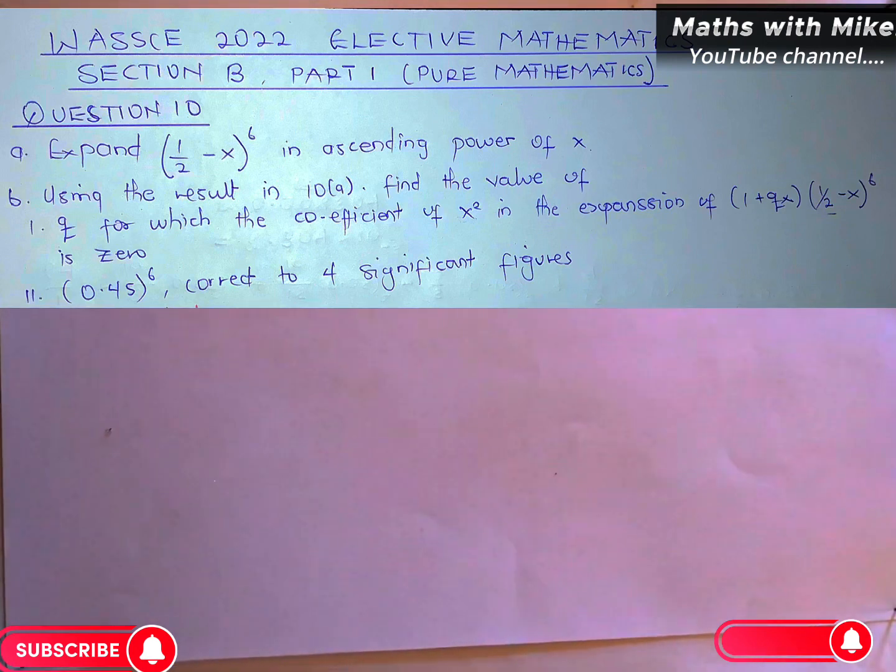Now the B. Using the result in 10a, find the value of q for which the coefficient of x squared in the expansion is 0. For this particular question, we are interested in the coefficient of x squared.